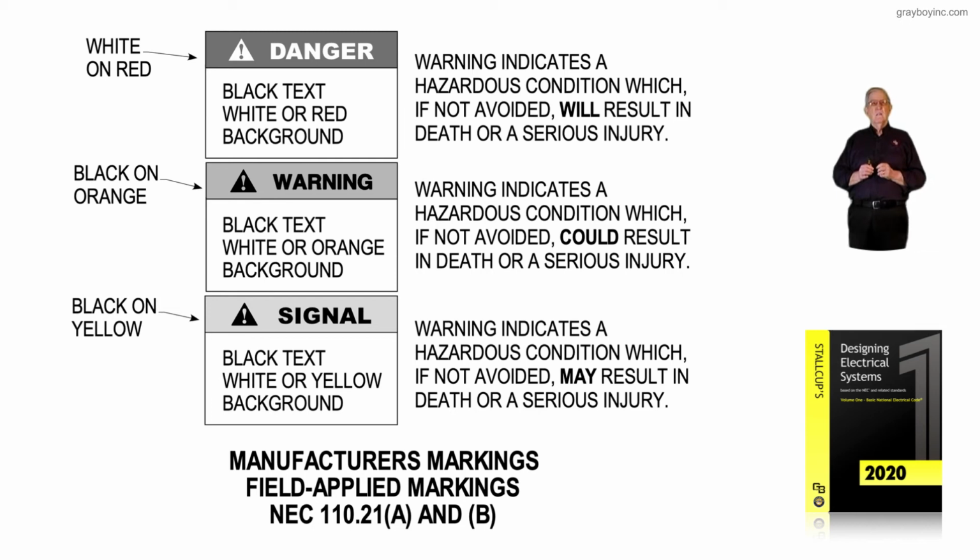Now, the equipment rating has to be capable of interrupting the short circuit current. Our short circuit current is 48,850 amps. The equipment has a 64,000 amp rating. So we indeed can interrupt that available short circuit current.